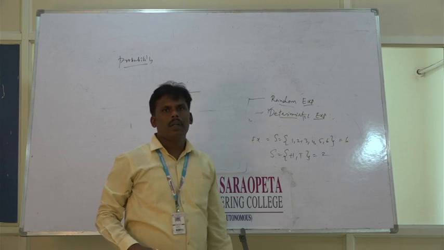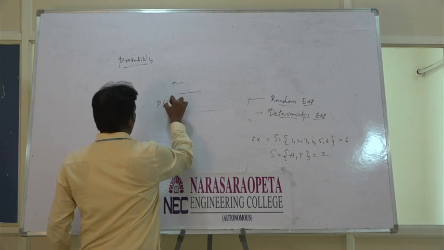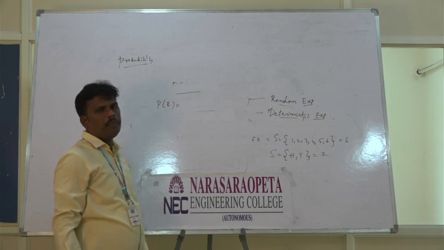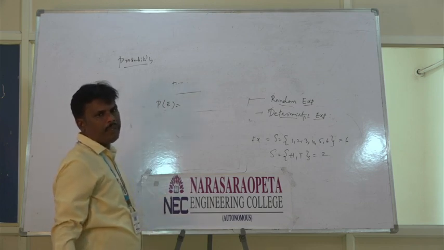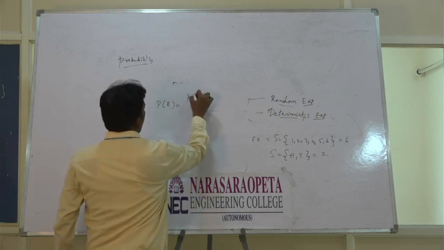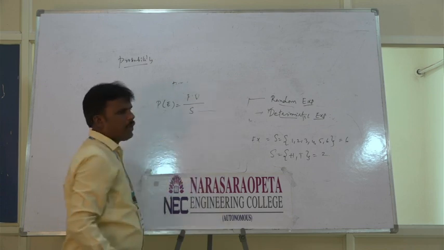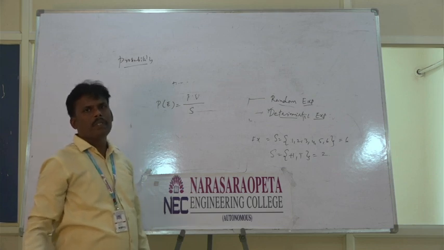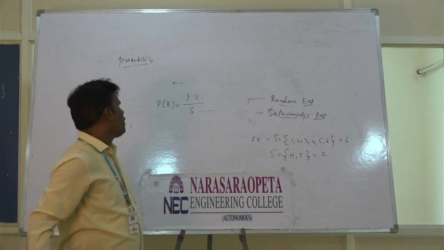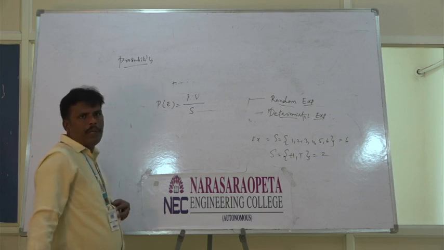It is mathematically represented as P of E, where P represents probability and E represents event. P of E is equal to the number of favourable events divided by the total number of events. The total number of events means the sample space.